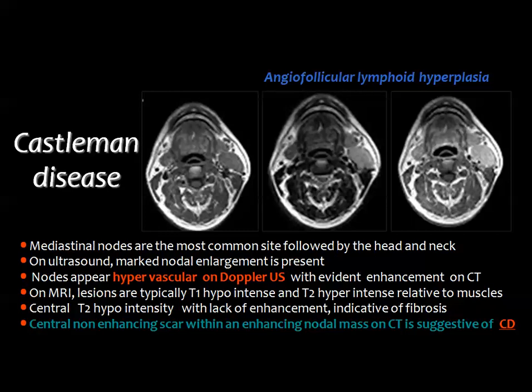And as I have mentioned, if the clinical picture is not helpful, then the only way to confirm the diagnosis is to go by ultrasound and have a fine needle aspiration cytology or even a core biopsy to confirm the diagnosis.